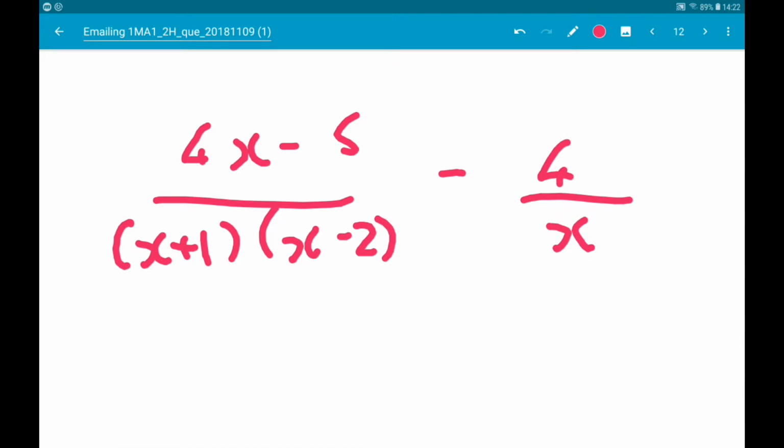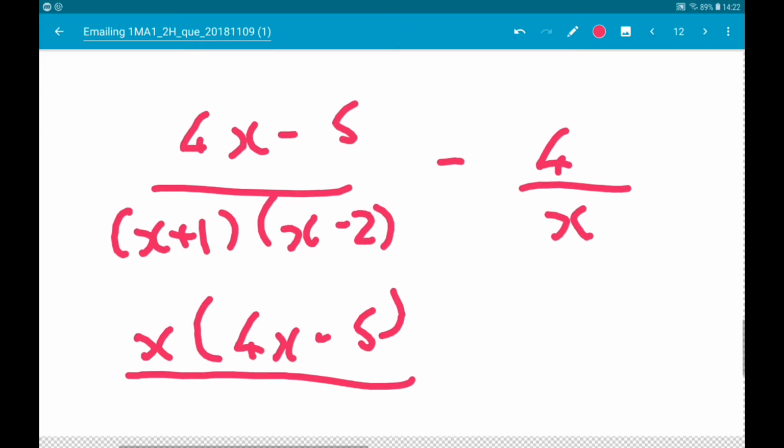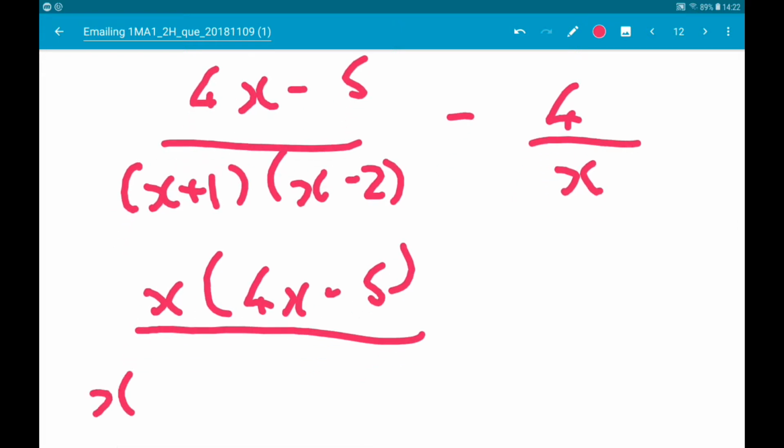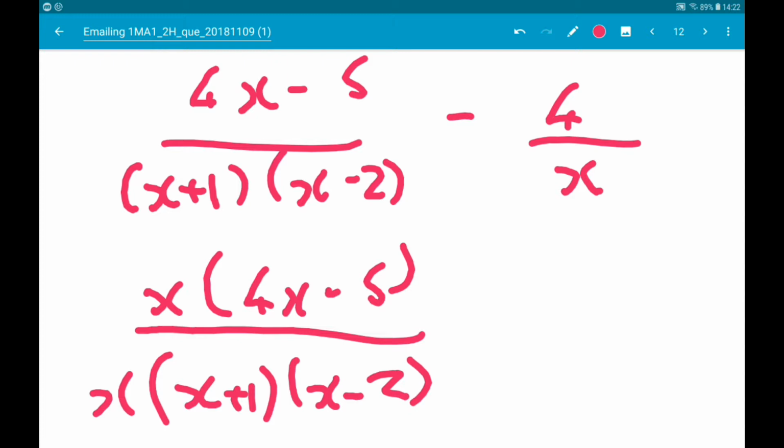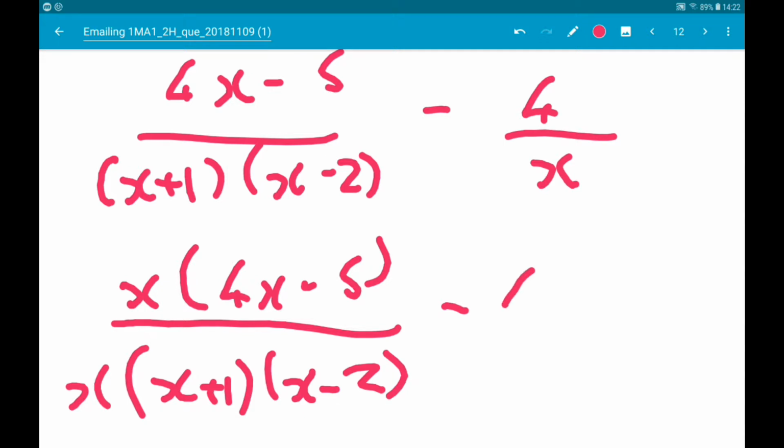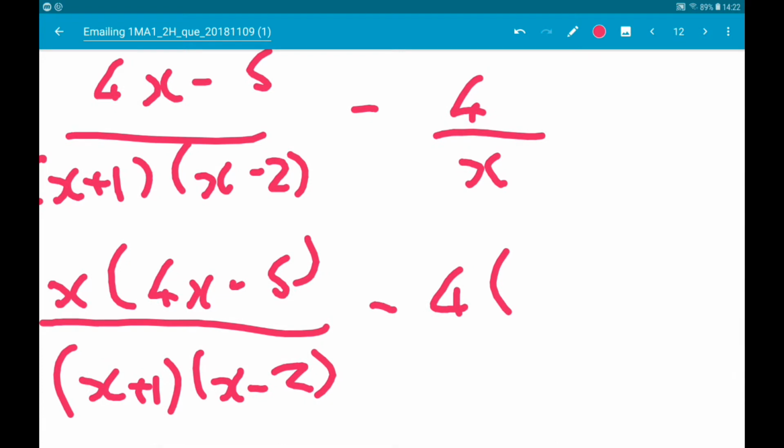So we're going to get x times 4x minus 5 over x times x add 1 times x minus 2 minus 4 lots of x add 1 x minus 2. So we're multiplying top and bottom of this second one by x add 1 x minus 2.